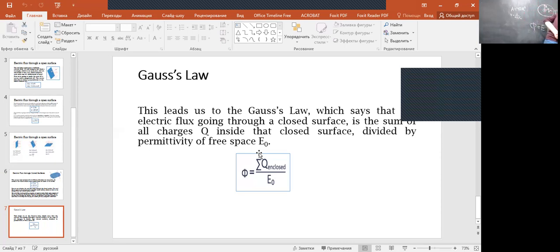So 1 divided by 4 pi epsilon 0, multiplied by Q divided by R squared, multiplied by 4 pi R squared. We can cancel 4 pi R squared, and we have only Q divided by epsilon 0. This is okay.